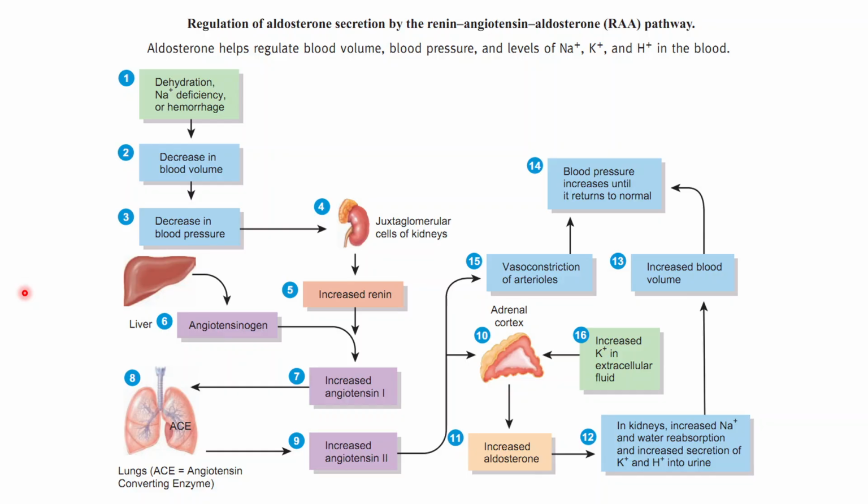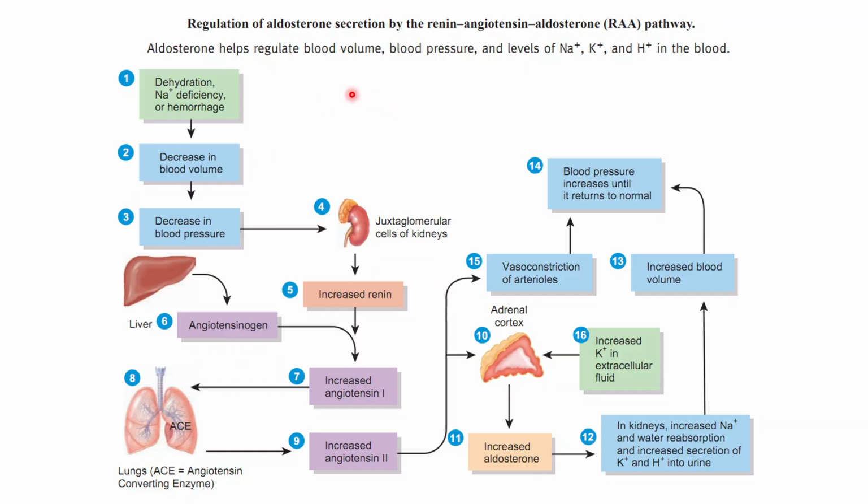You guys must remember this. This is the RAS, basically the renin angiotensin aldosterone system. It is a very important hormonal cascade, and it maintains the blood pressure, the blood volume, and electrolyte balance.